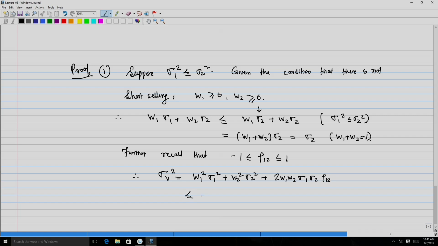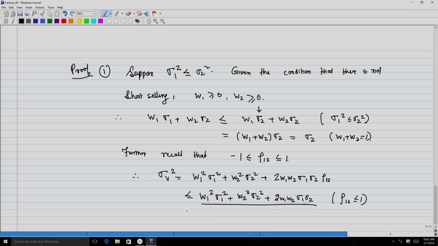This is going to be less than or equal to W 1 square sigma 1 square plus W 2 square sigma 2 square plus W 1 W 2 sigma 1 sigma 2, since rho 1 2 is less than or equal to 1.